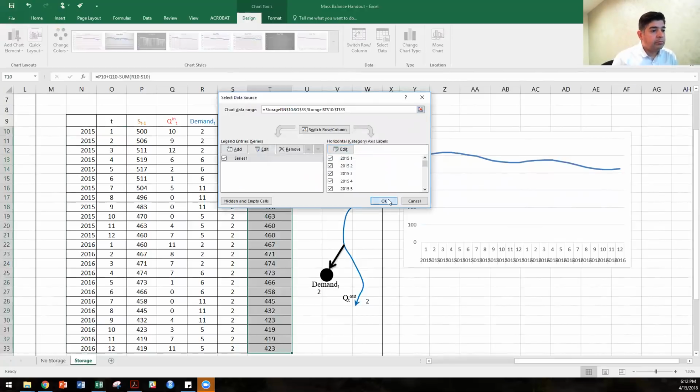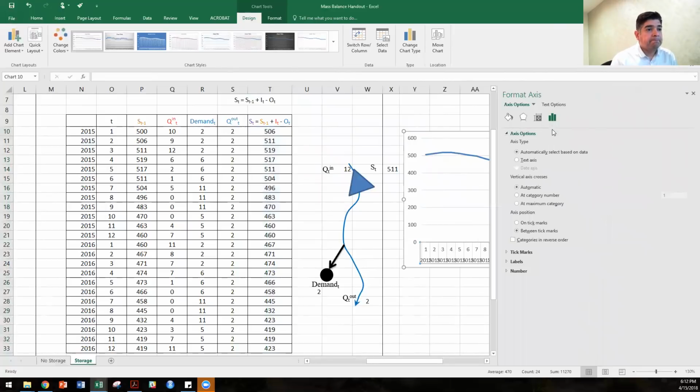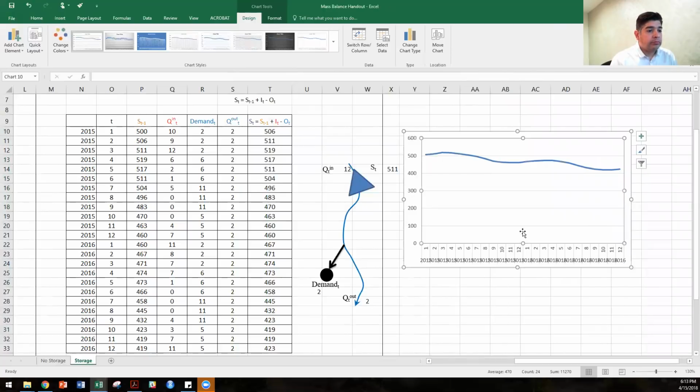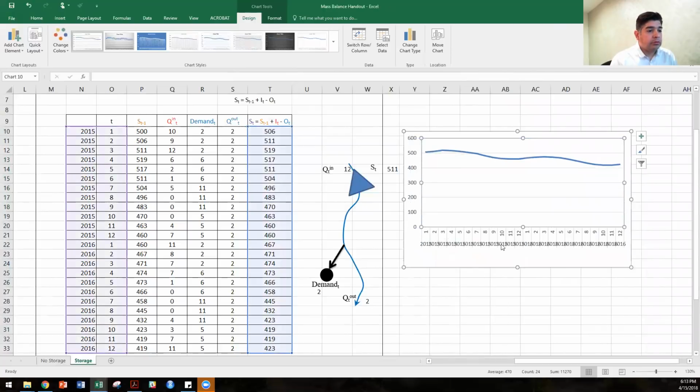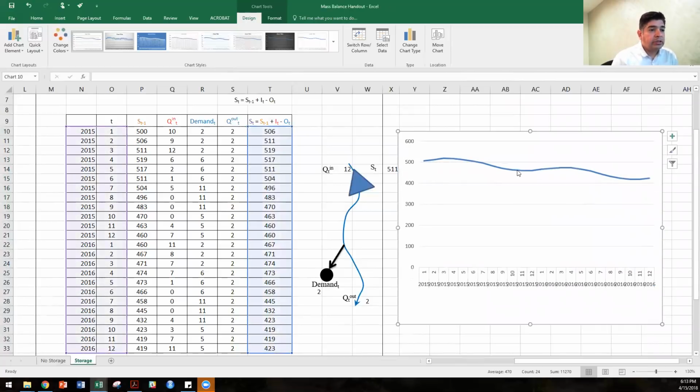Okay, so this is the storage. This is how the storage started at 500.